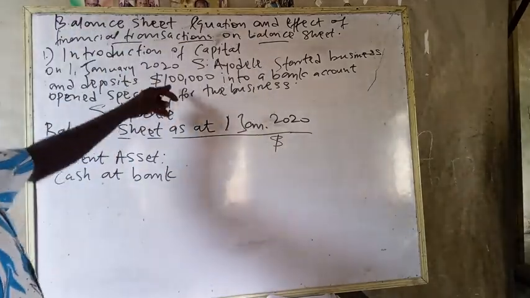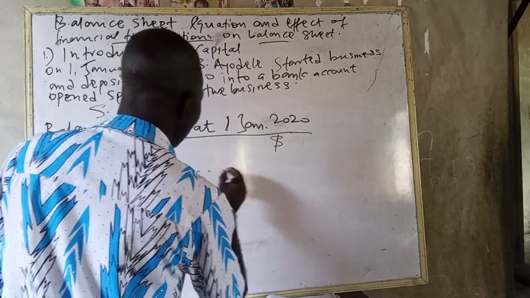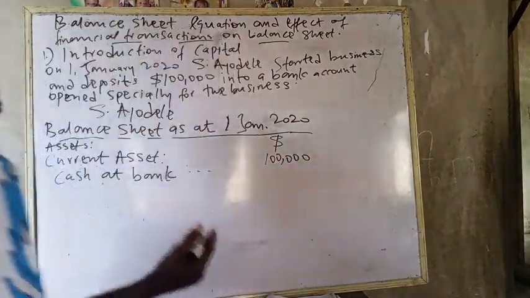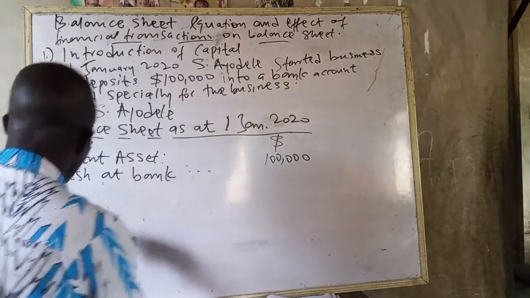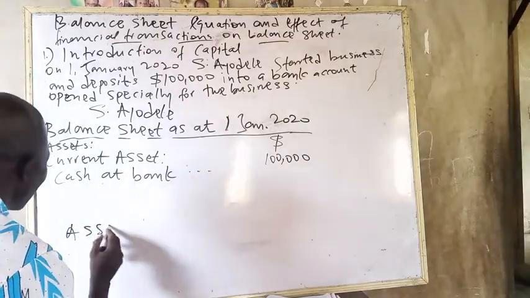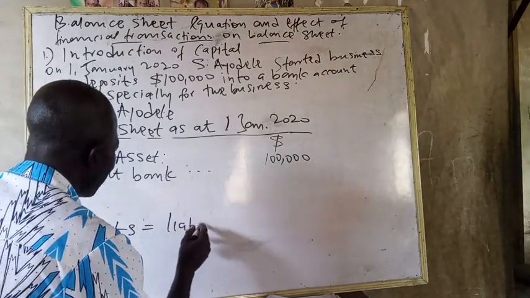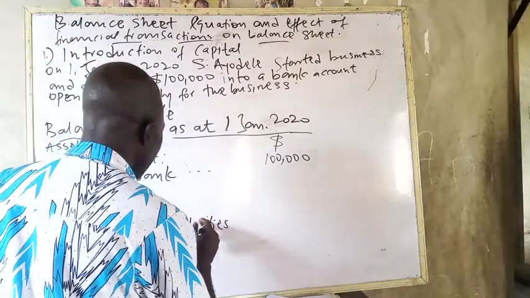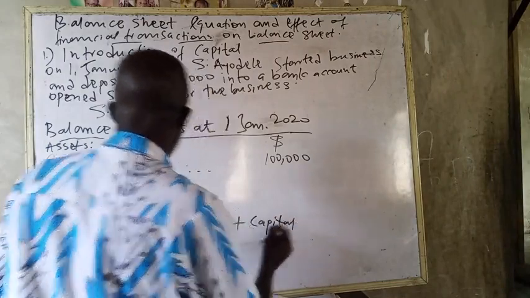What is the currency sign? Dollar. So how much does he deposit in the bank? That is 100,000 naira. In this case now, you know we say asset equal liabilities plus capital.